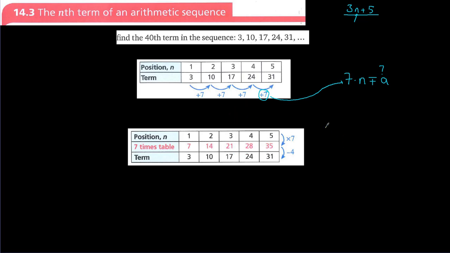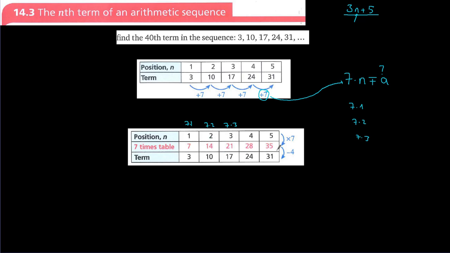Here in the second table, you are going to see the 7 times table. To find the value of a, first you are going to write 7 times 1, 7 times 2, and 7 times 3, which are equal to 7, 14, and 21.